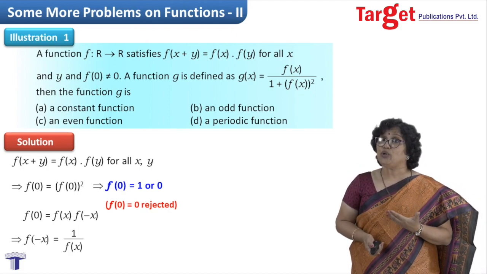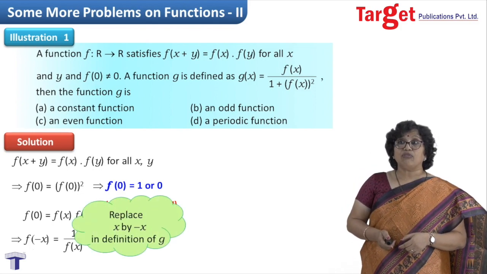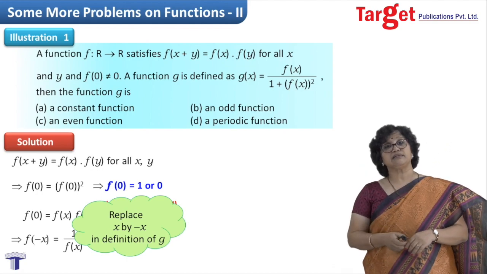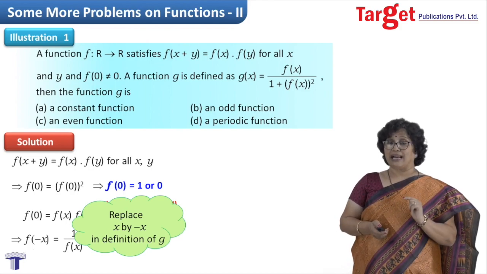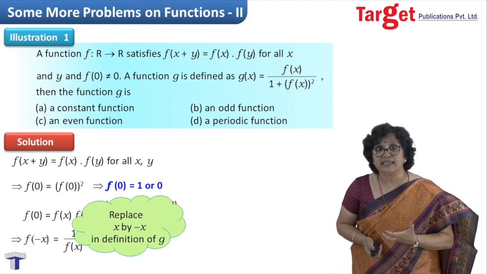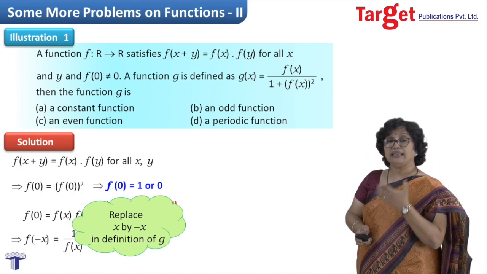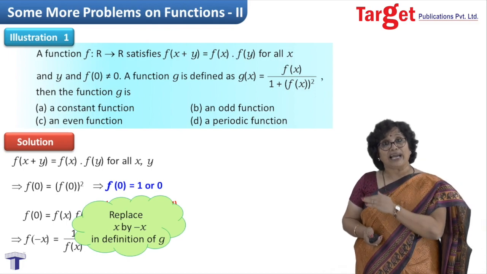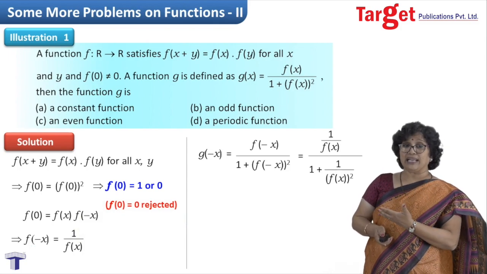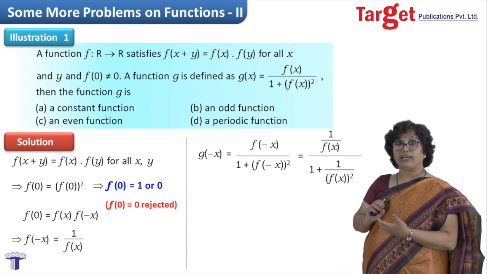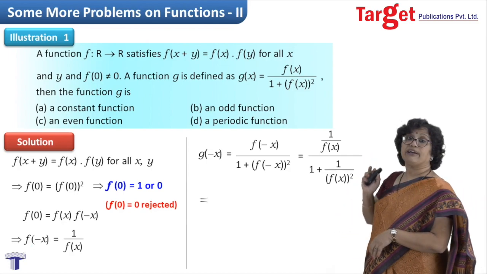Okay, now I would like to use this information for g. And I am given g(x) = f(x)/(1 + f(x)²). Now, does that not tell me that if f(-x) is ready with me, I should replace x by -x? Why do I say so? Because on the right hand side, f(x) is appearing, and that f(x) would now be f(-x) if I replace x by -x, and hence my g(-x) would look like, on simplification, (1/f(x))/(1 + (1/f(x))²).